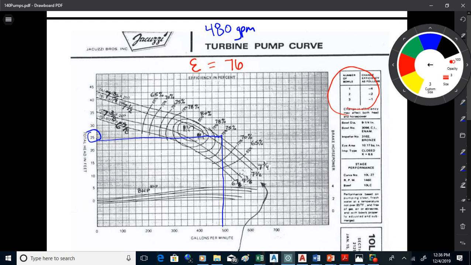We got a single stage pump. How many bowls is that? Single stage, a bowl is a volute. It's a stage, so 1. So what do we do to the efficiency? Drop it by 4, okay. So 72%. Okay. You okay with that?